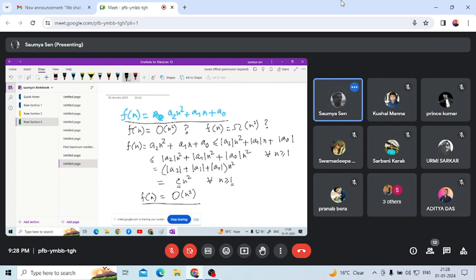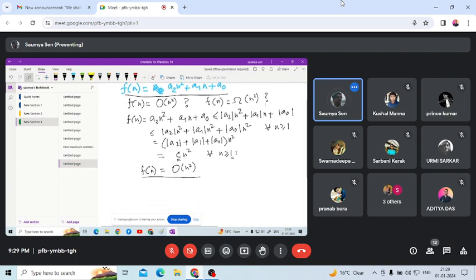By definition, f of n greater than or equal to a2 n square for all n greater than or equal to 1.